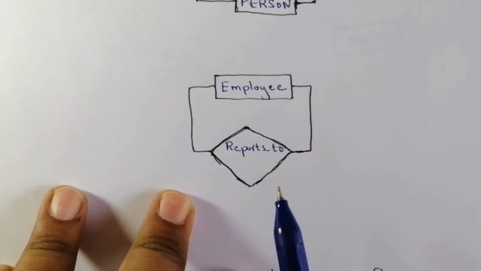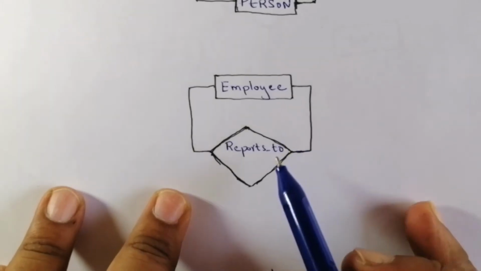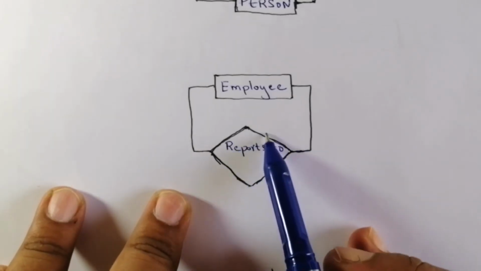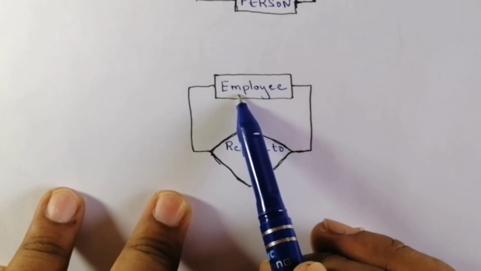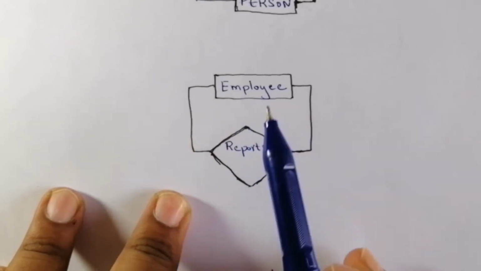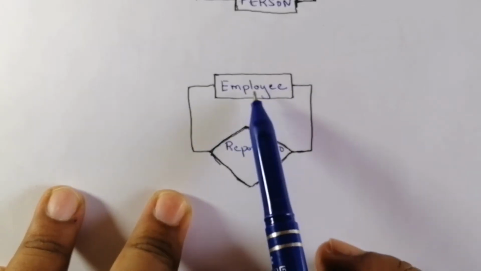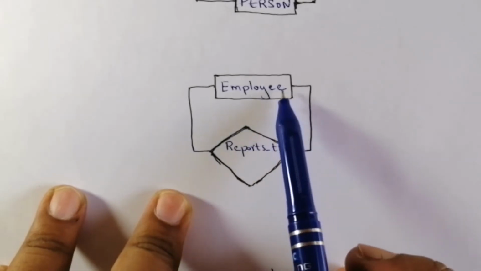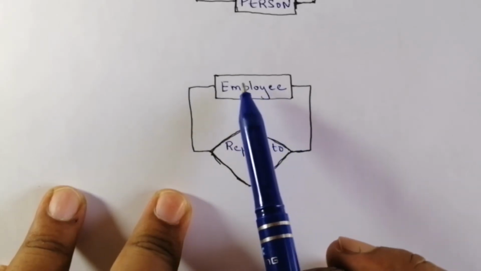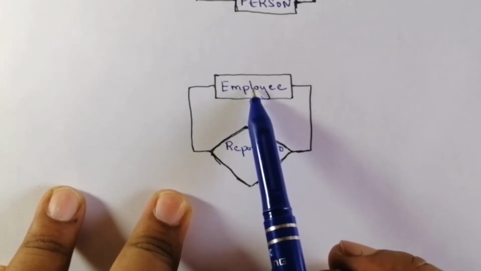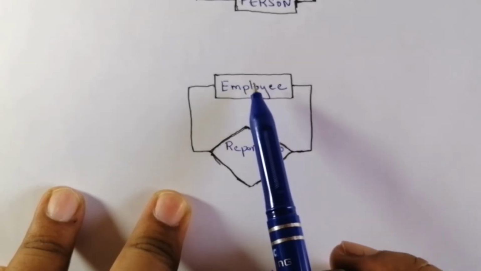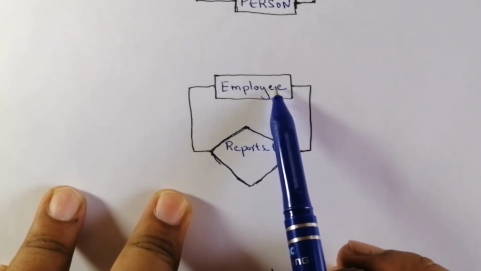Let us take another example. Here we have a relationship. For this relationship, how many entities are associated? Only one. We have such a business case: an employee reports to an employee. Among employees there can be a manager and a normal employee.